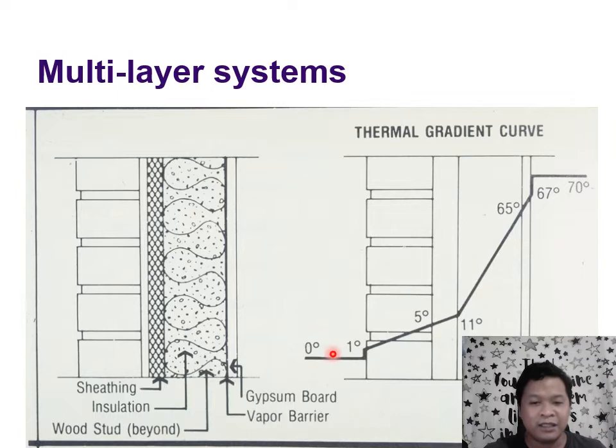And as you can see in this example, the temperature gradient would really vary from the inside to the outside. And kung makikita niyo yung parang temperature profiles niya, the steeper the temperature profile, the more insulating that material is. No? So kung makikita niyo dito, walang insulation because it's the same material.